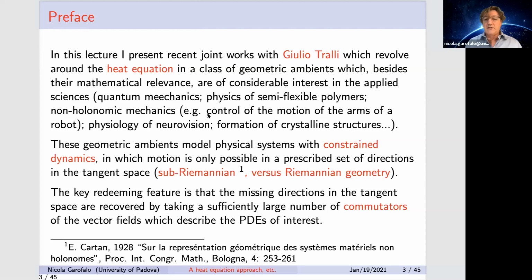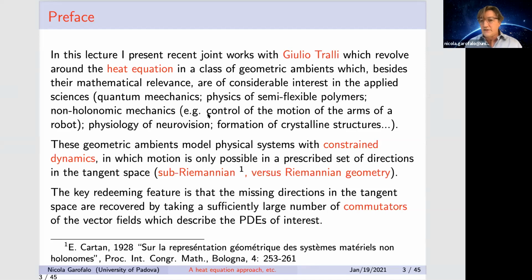There is a very important paper by Elie Cartan at the International Congress of Mathematicians in Bologna in 1928, in which this new geometry was more or less formalized. As I said, you cannot move everywhere in the tangent space, but there is some redeeming feature.